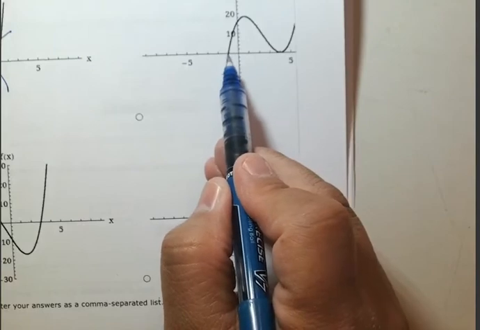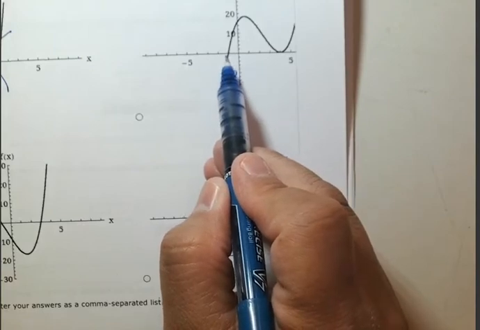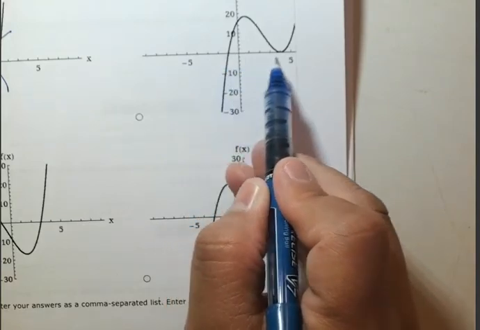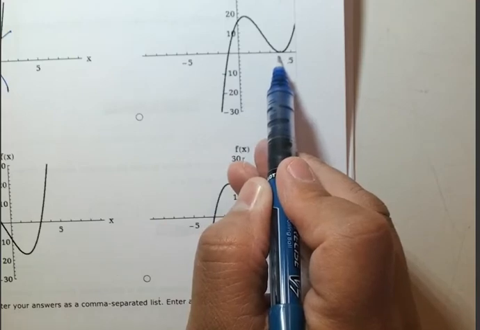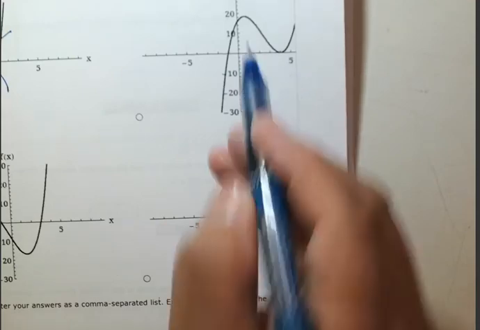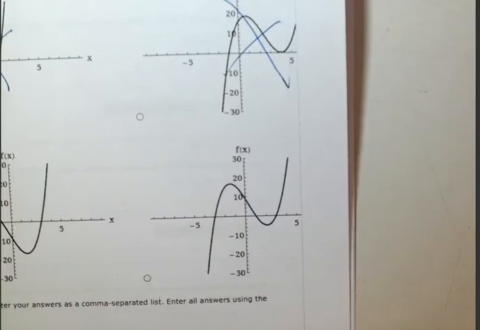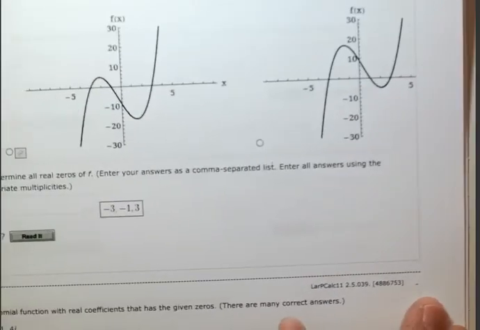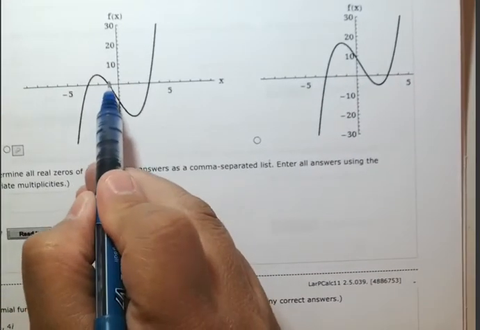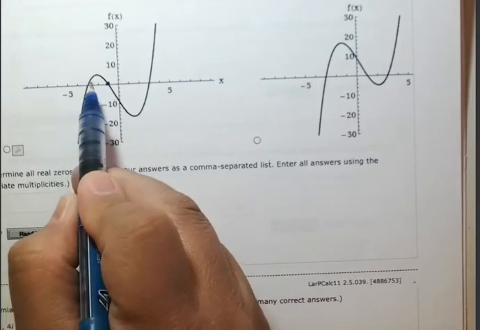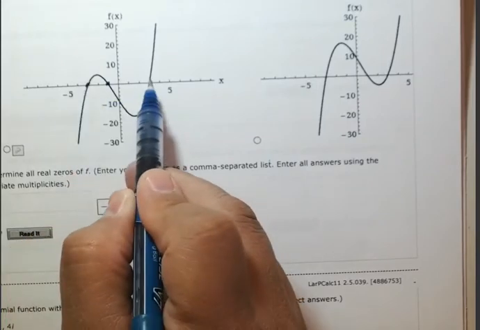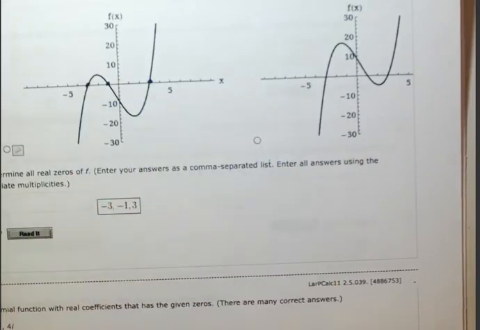Here, they tell me I have a 0 at -1. And I have a 0 at +4. So is +4 a 0? No. So you can eliminate some of these, right? -1, yes. -3, yes. +3, yes. So that could be an answer.